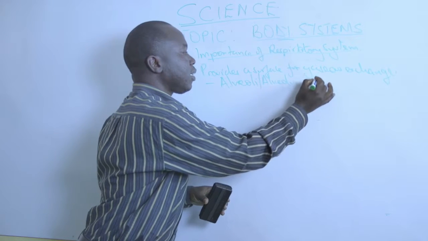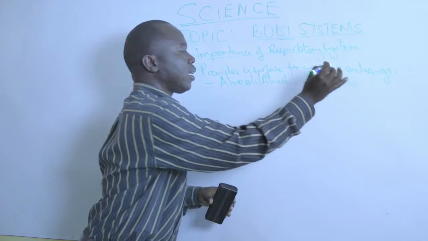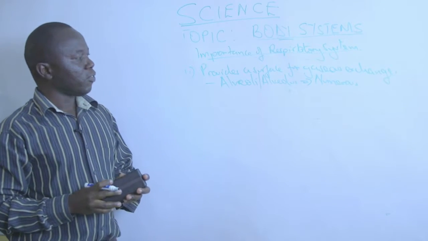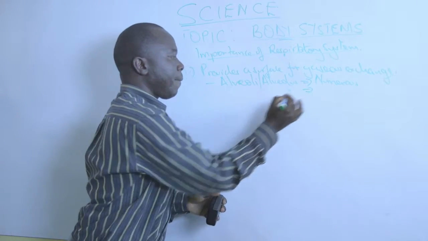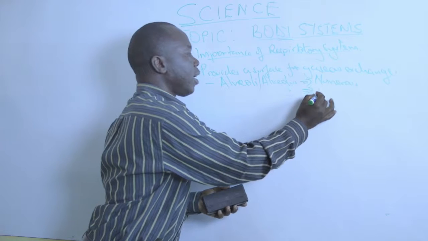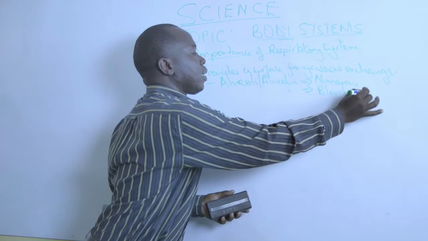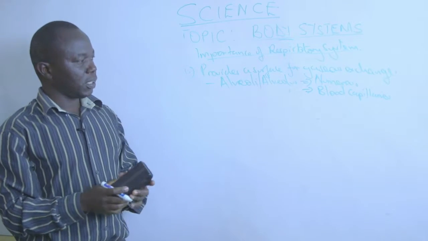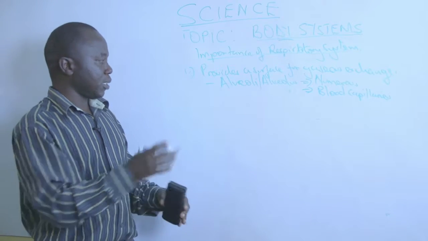Because we have said they are usually very many, numerous. When there are many, they increase the surface area for gaseous exchange. And apart from being many, it also has a high supply of blood capillaries. Capillaries are important because they will take away any oxygen that diffuses and bring in carbon dioxide to be eliminated.